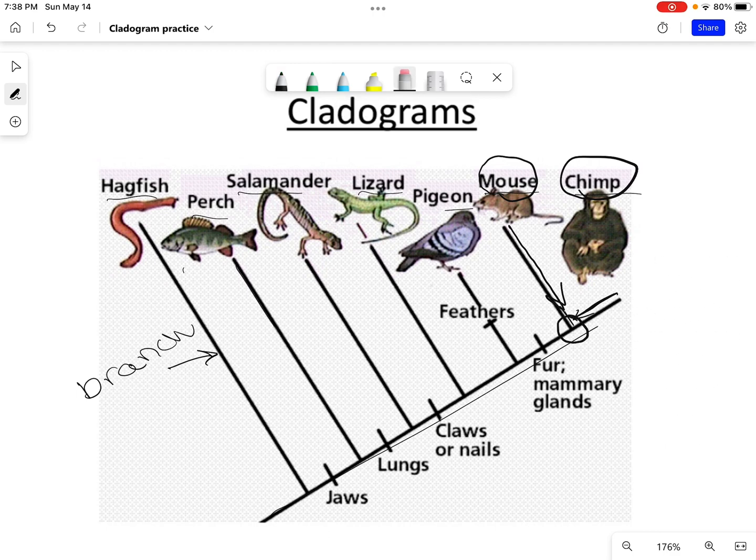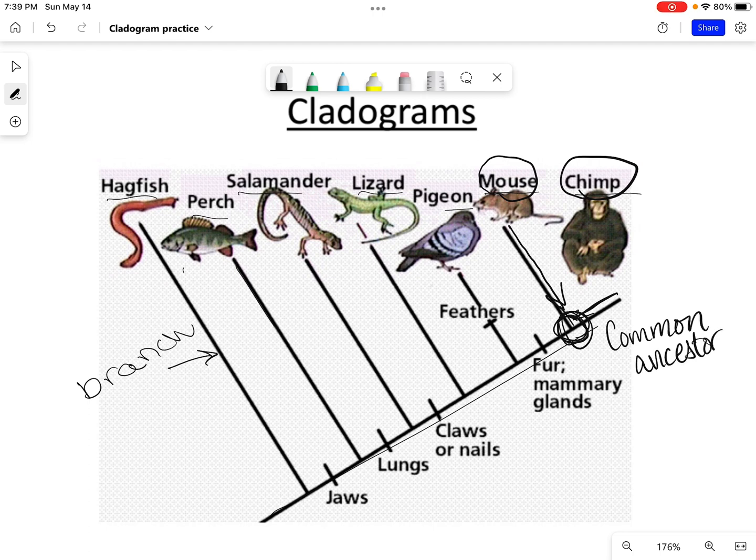You might remember yesterday they called that intersection point the node. We are going to label it something a little different. You don't need to remember node necessarily, but I do want you to be able to identify that that intersection point is where these 2 species shared a common ancestor.